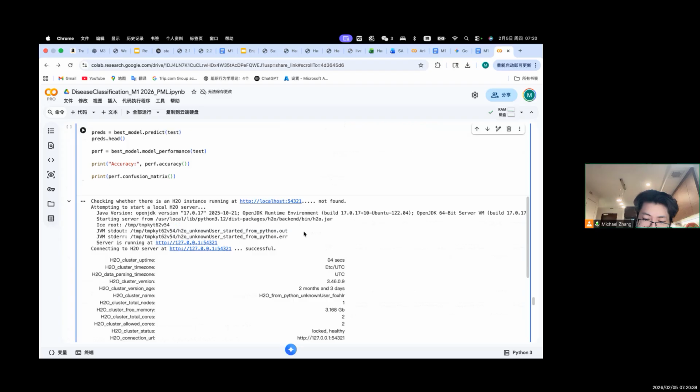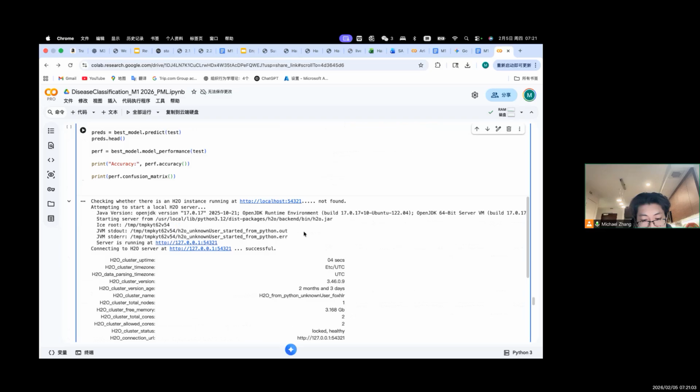H2O AutoML was applied. The AutoML process evaluated multiple models under cross-validation with class balancing enabled. The best performing model selected was a GBM, which significantly outperformed the decision tree, achieving approximately 84% accuracy and an AUC of 0.89.